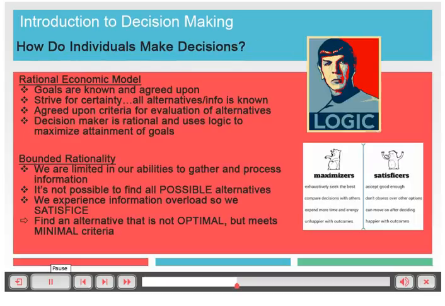So how do individuals make decisions? We've talked about different decision-making styles. We've talked about how individual differences and culture and things like that influence decisions, but how do people actually make decisions? And what we have in this slide are two basic contrasting points of view. The first one is the rational economic model.